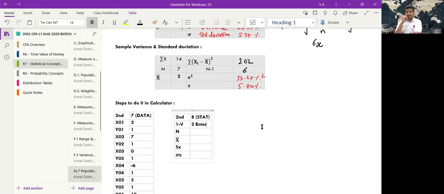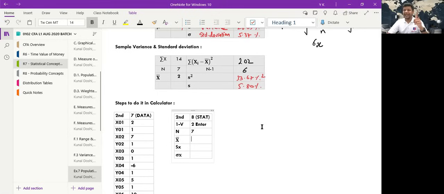Everyone with me? Now press the down arrow key and tell me what are the numbers that you have. The first number you will have is n, that is 7, the number of data points.